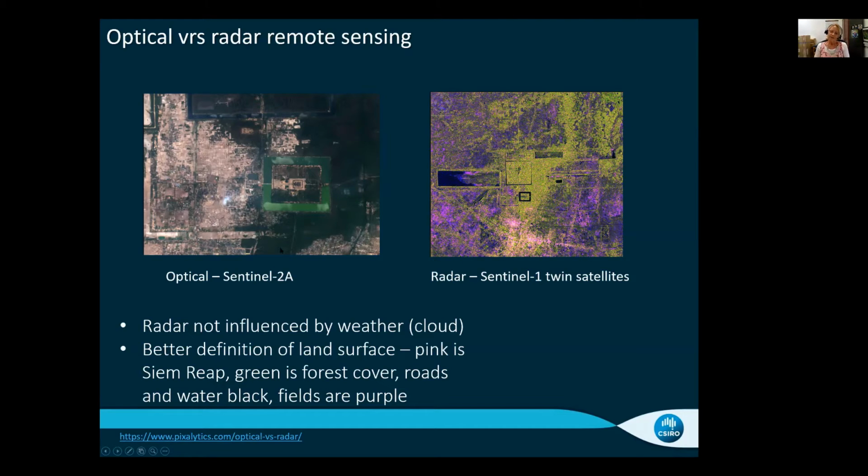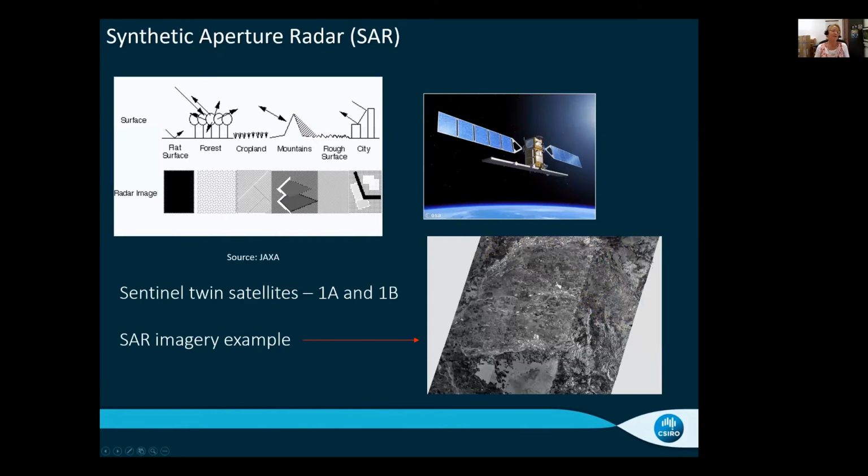Whilst we can see some of this in the optical image, the surface roughness in the radar image provides certain benefits that can help enhance what we're already understanding about GDEs. The most important thing being that radar is not influenced by weather and cloud.